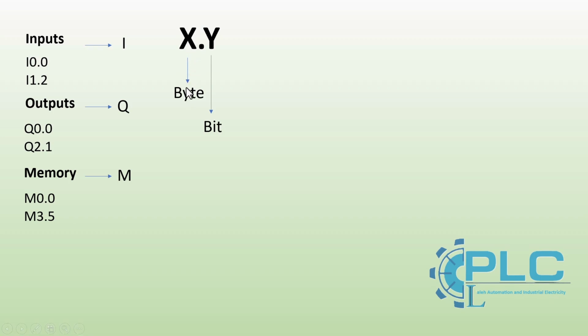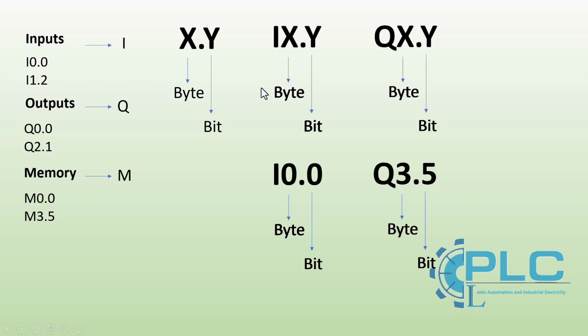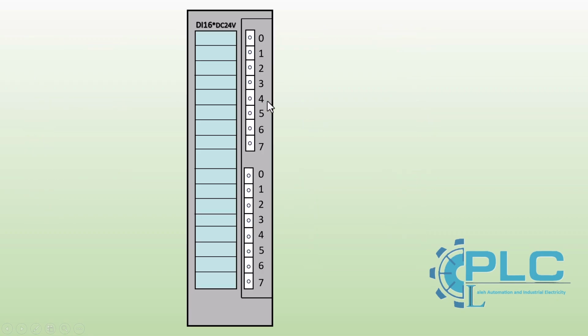X represents the byte number. As you may recall, in the hardware configuration, we changed this address from 124 to 0. Y represents the bit position within that byte, ranging from 0 to 7. If we have a 16-input digital module, the 16 inputs are divided into 2 bytes, byte 0 and byte 1. The addresses must be assigned correctly based on the hardware configuration.